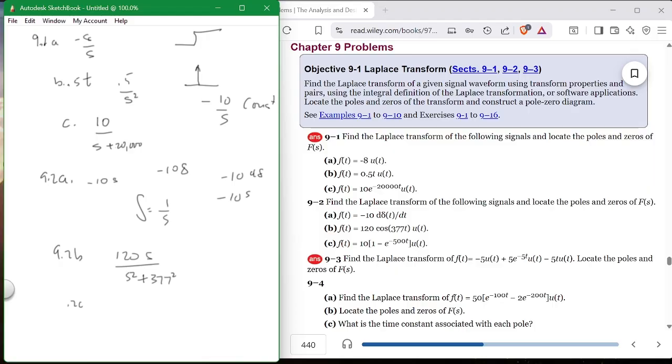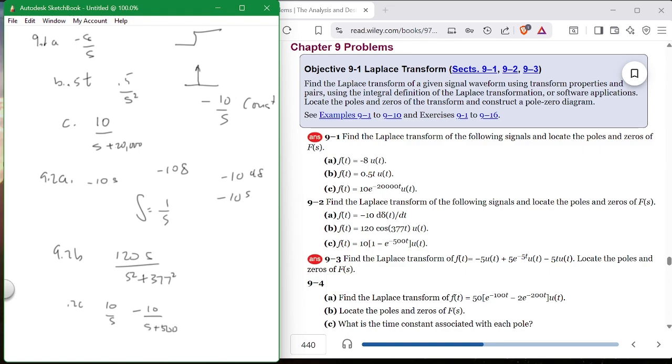Well, anyway, what would be 1 minus e to the minus t? The constant 10 would be 10 over s, right? Minus 10 over s plus 500.